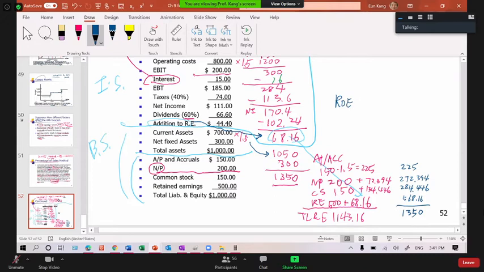What is ROE? Return on equity. Anybody? Return on equity. Yeah, but the number. What is the number? You are correct. But what is the number? To save time, what over what?